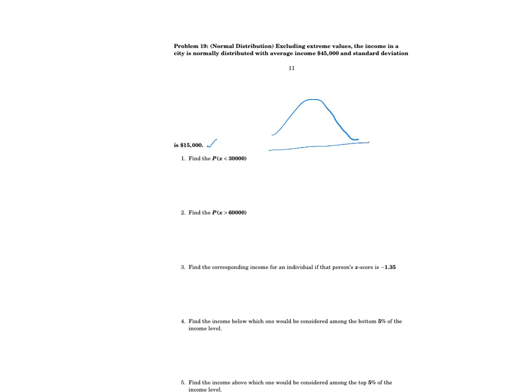Mean is 45,000, 45k, and standard deviation is 15k, right? So you need to find the z-scores, x less than 30k. So 30 is somewhere here, 30k. Less than 30 means you're interested in the area to the left, right?